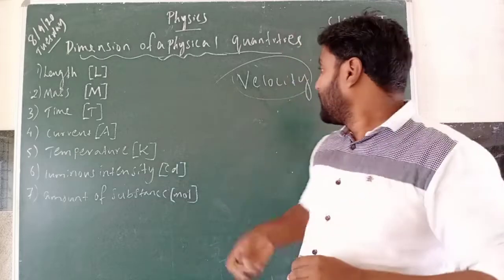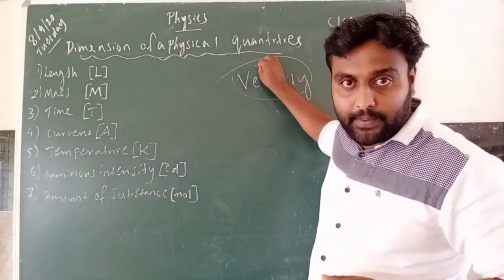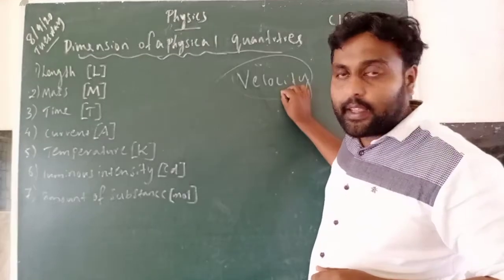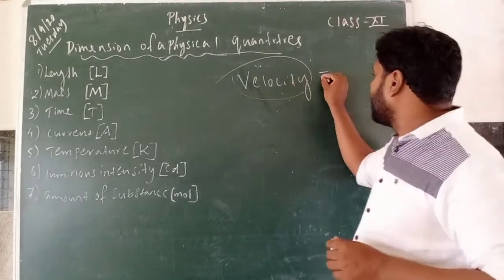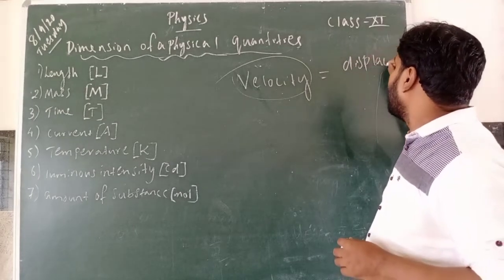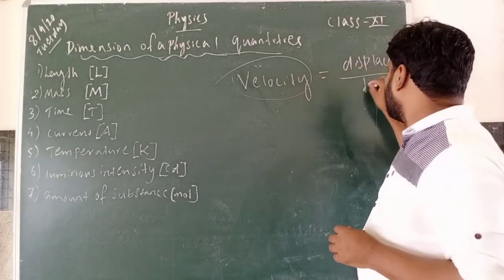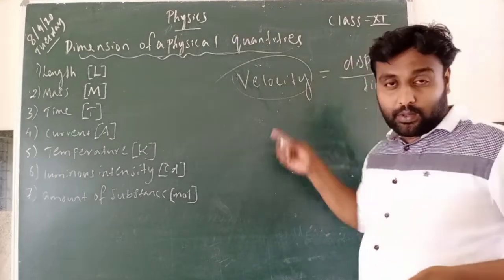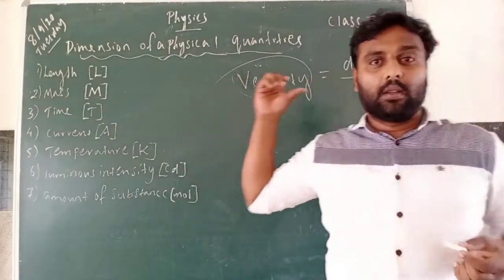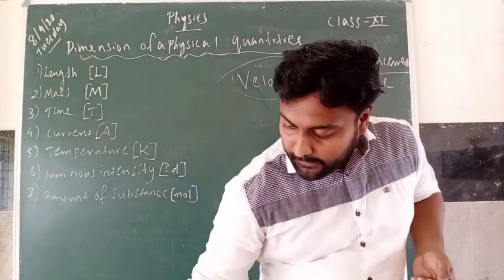The thing is, this velocity is a derived quantity. This velocity you can represent in terms of fundamental quantities: displacement over time. This is the full formula.